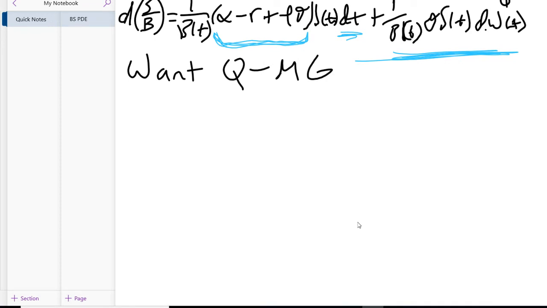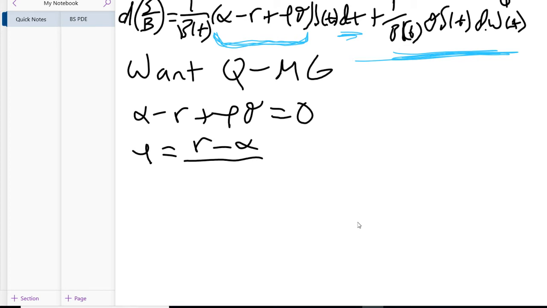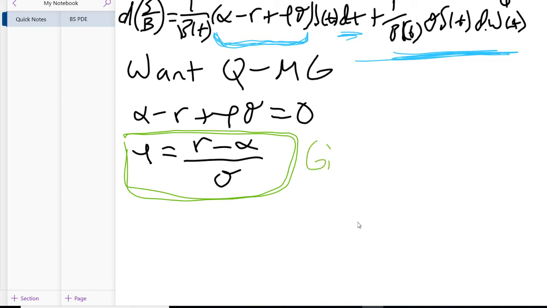We'll say that we want alpha minus r plus phi sigma equal to 0. So in solving that for the Girsanov kernel phi, we find that it needs to equal r minus alpha over sigma. So that is our Girsanov kernel.